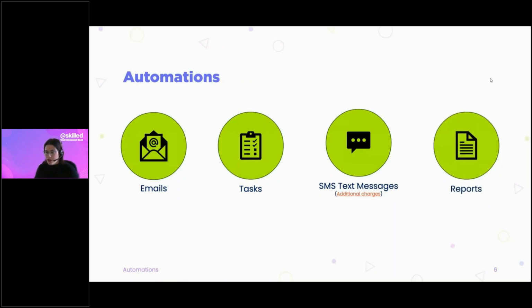You'll notice there are additional charges that apply for SMS text messaging. So if that is something that could be of interest to you, there's a little link on that slide, or you can just reach out and let us know if you'd like some more information on that. But yeah, those are the 4 key areas where you can implement automations in eSkilled.